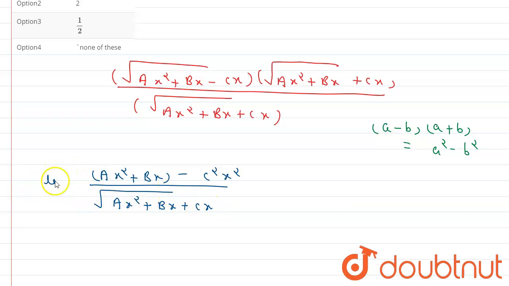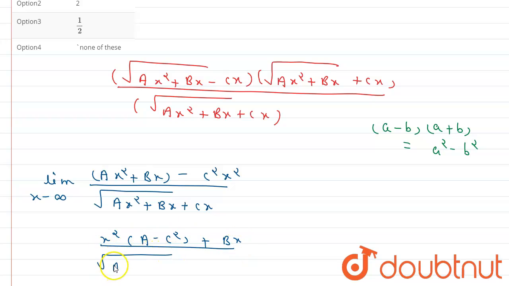Now here the limit is extending toward infinity. Now we know that the coefficient of x square is a minus c square, plus bx, upon root of ax square plus bx plus cx. The limit is extending toward infinity.